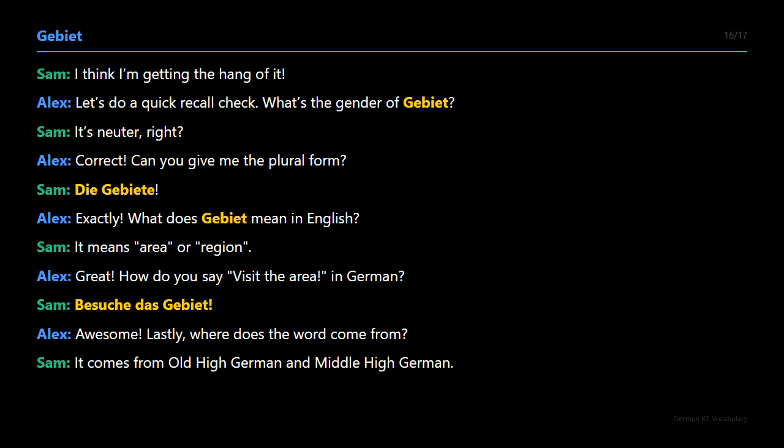What does Gebiet mean in English? It means area or region. Great. How do you say visit the area in German? Besuche das Gebiet. Awesome. Lastly, where does the word come from? It comes from Old High German and Middle High German.